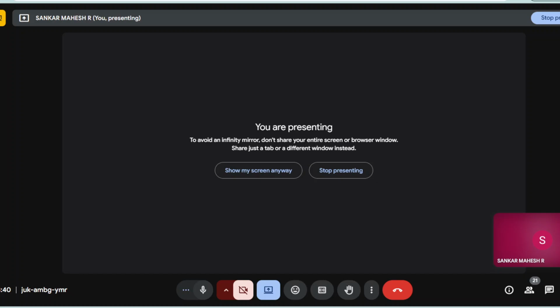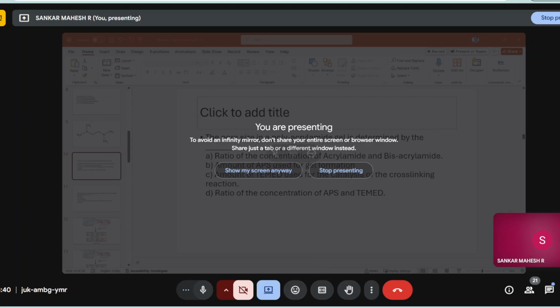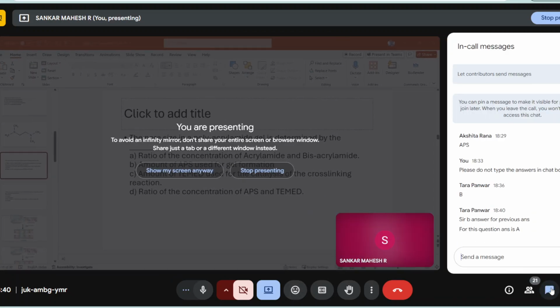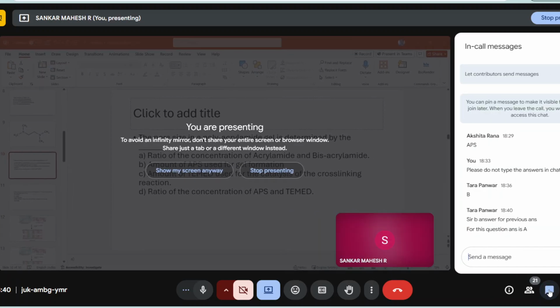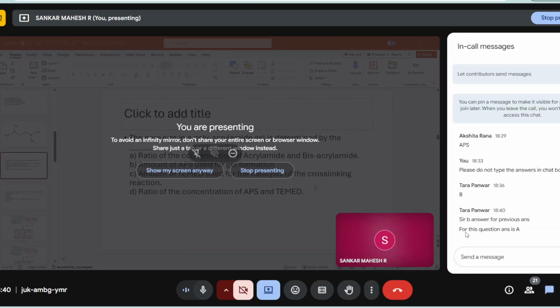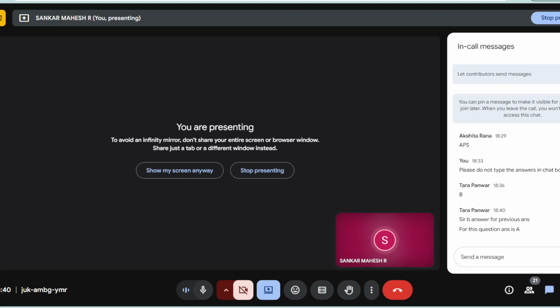This is your right answer. Do you want to explain why you think this is the right answer? Before you go to this, you can mention what acrylamide is, what bisacrylamide is. Although we have discussed this in the previous set of questions, it would be better if I get to know whether you understand this. Does anyone want to unmute and answer?